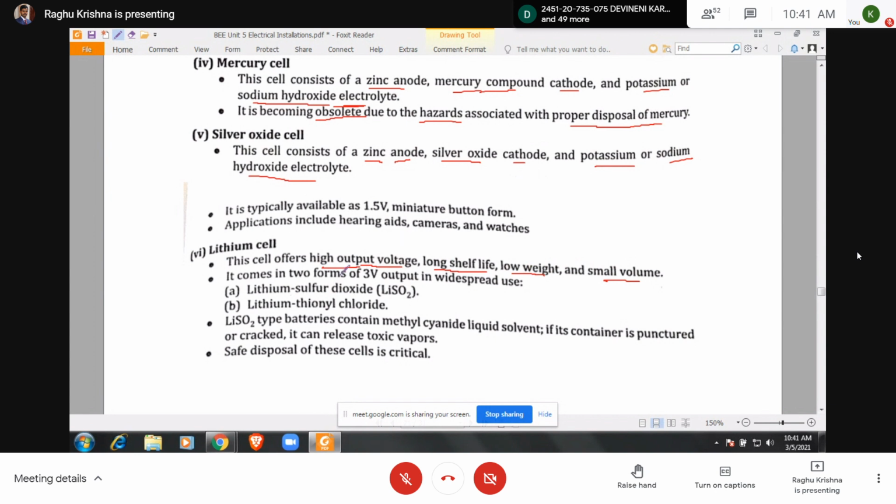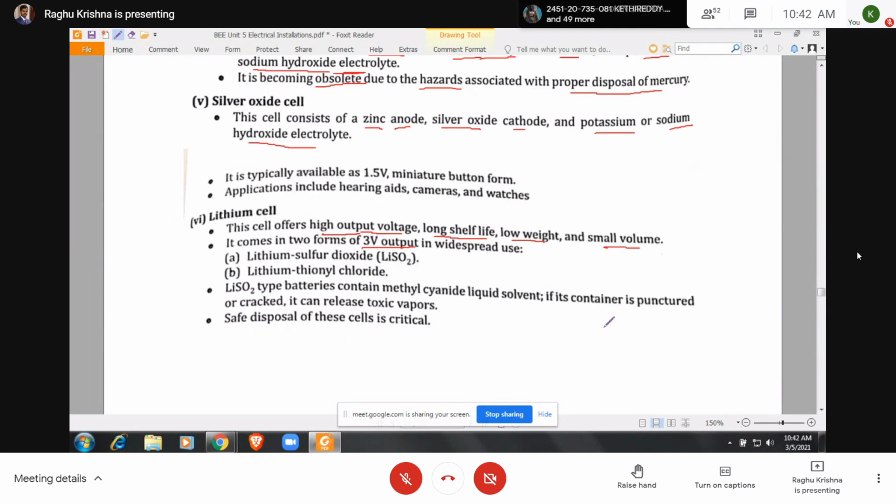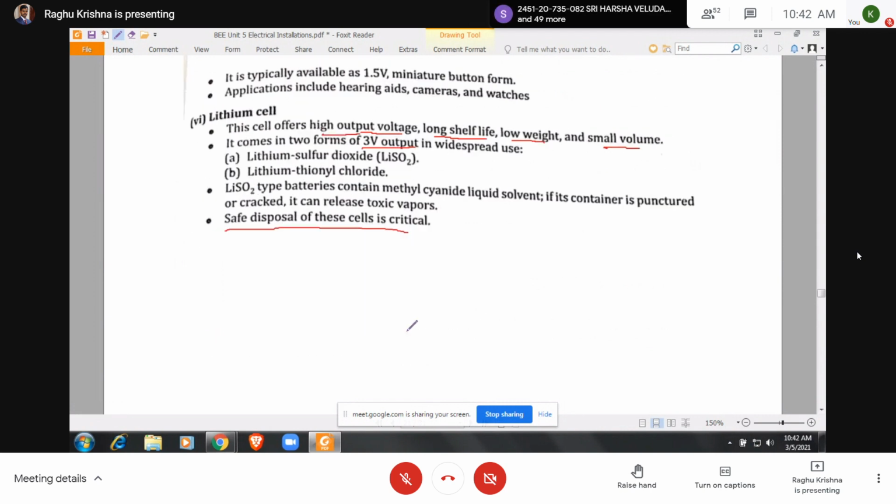It comes in two forms of 3-volt output in widespread use: lithium sulfur dioxide and lithium thionyl chloride. Safe disposal of the cells is critical.